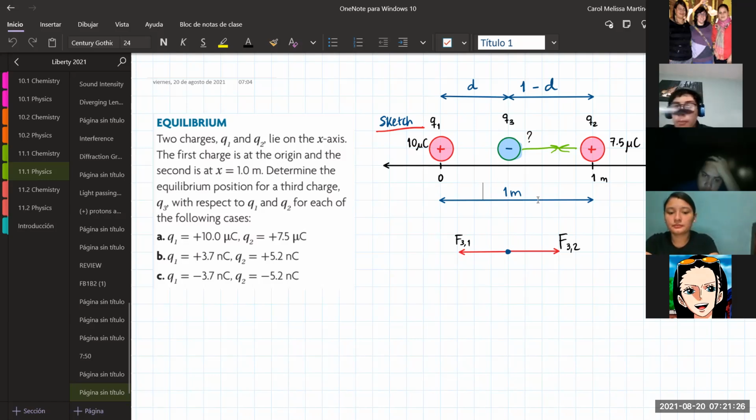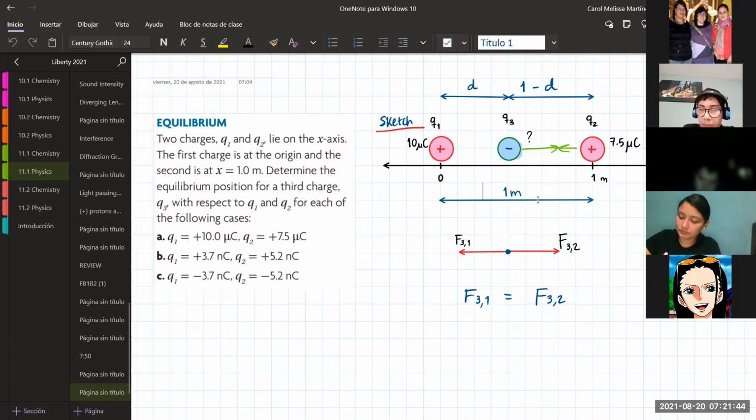So first, we start by equalizing the two forces. We say that the force 3,1 is equal to the force 3,2.